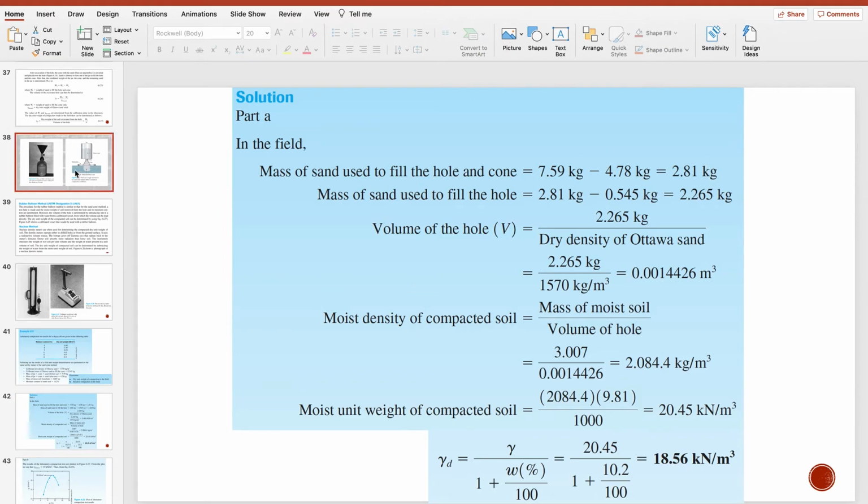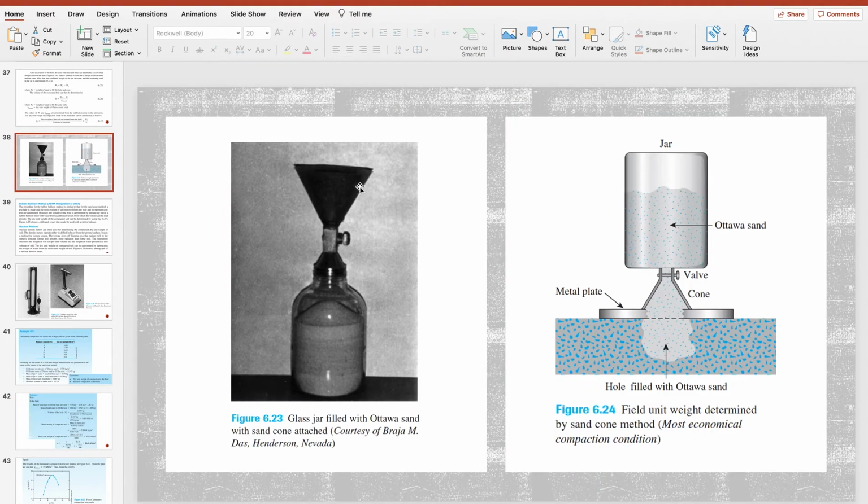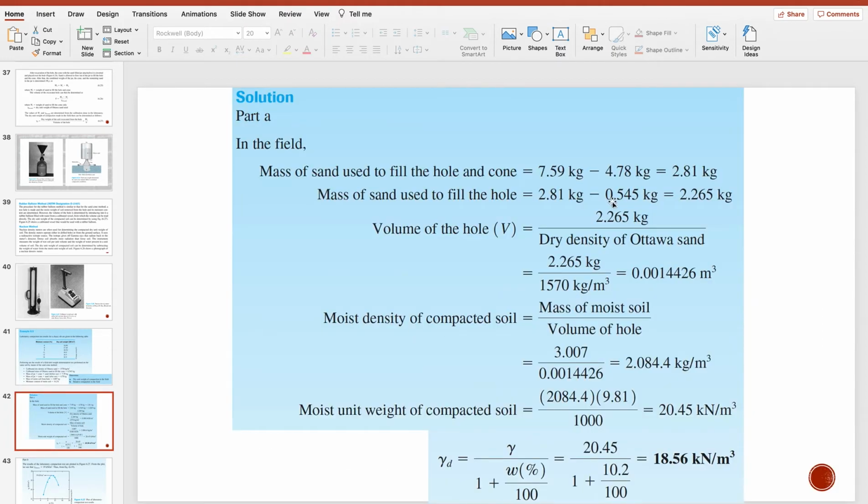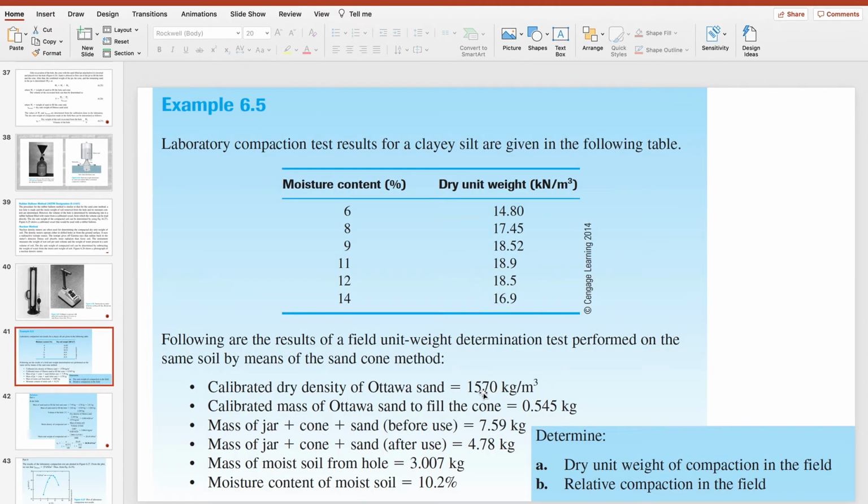Take note, etong cone natin, magkakaroon pa rin yan ng sand. So, ibabawas natin yung weight ng sand na nasa cone, which is 0.545. Therefore, the mass na nasa hole lang is 2.265 kilograms. Okay? So, to determine the volume of the hole, we have 2.265 kilogram divided by the dry density of the Ottawa sand. What is the dry density of the Ottawa sand?